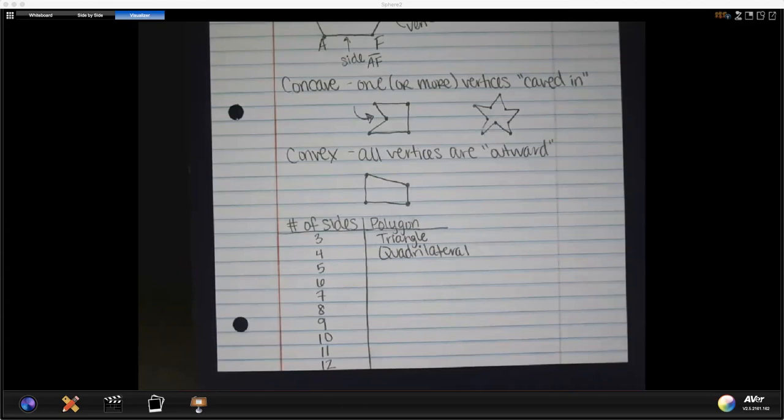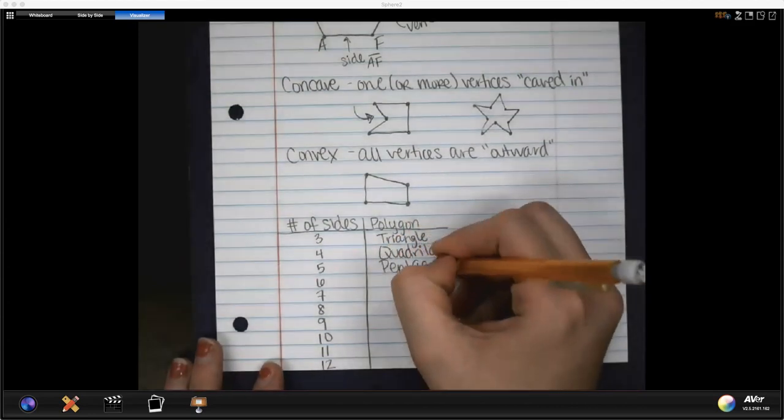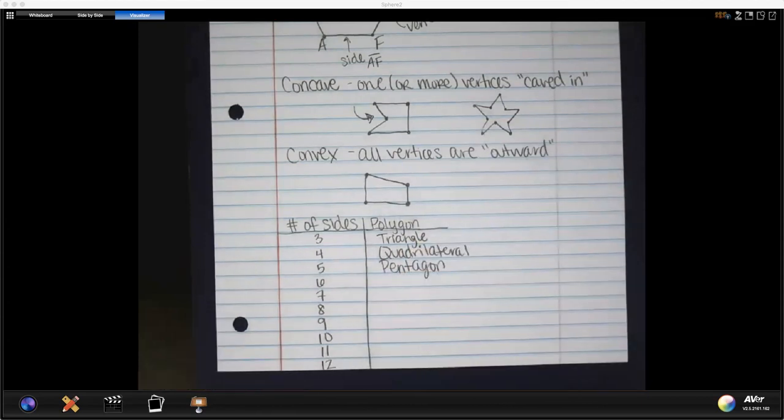Okay, what about five-sided? Think government. Pentagon. What about six-sided? Six is not as normal.